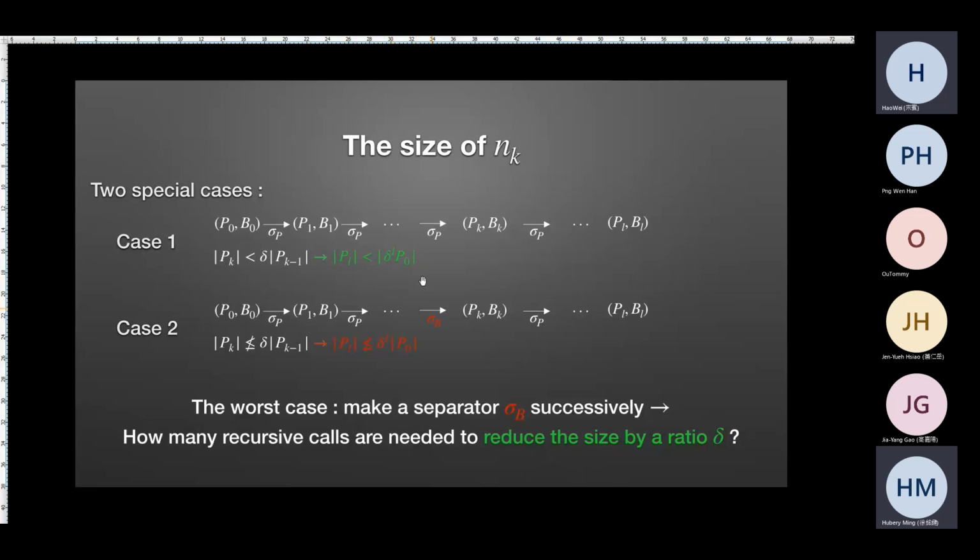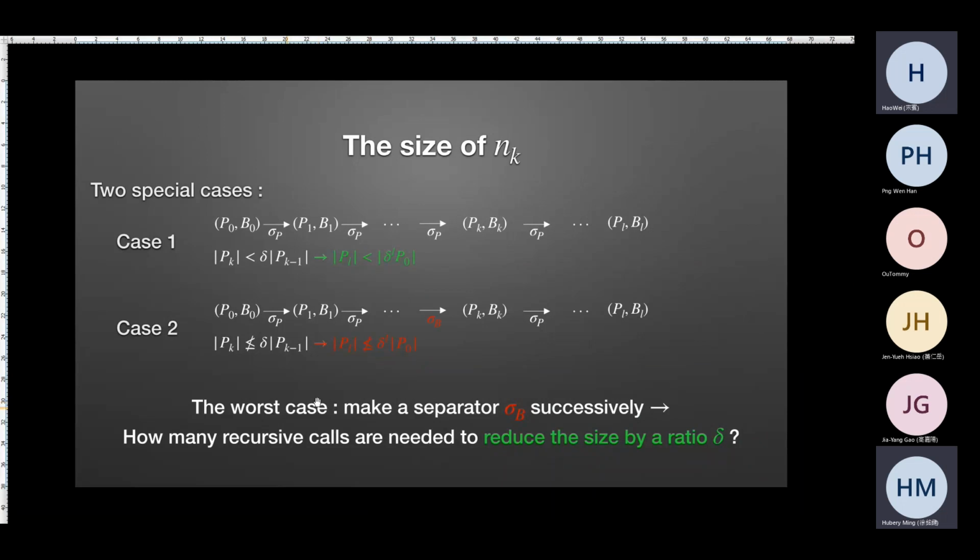However, if some separator is balanced to its boundary points, then we cannot have this inequality because we cannot reduce the size of points efficiently at the last step.